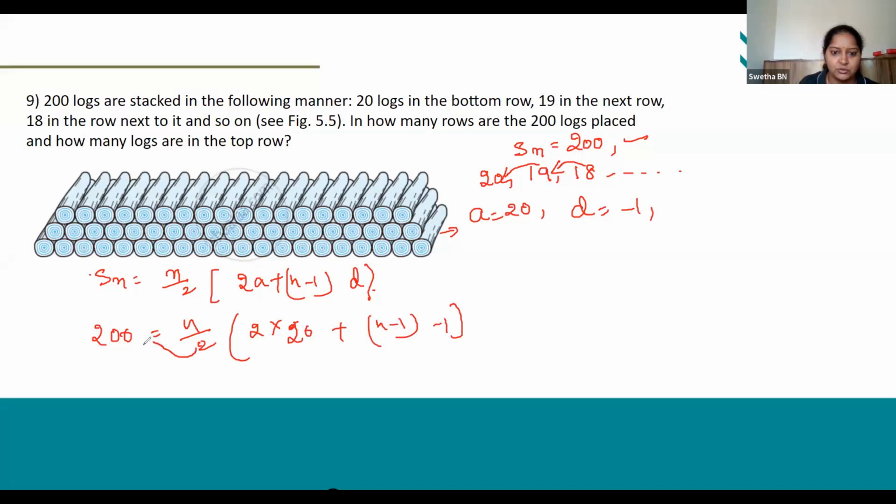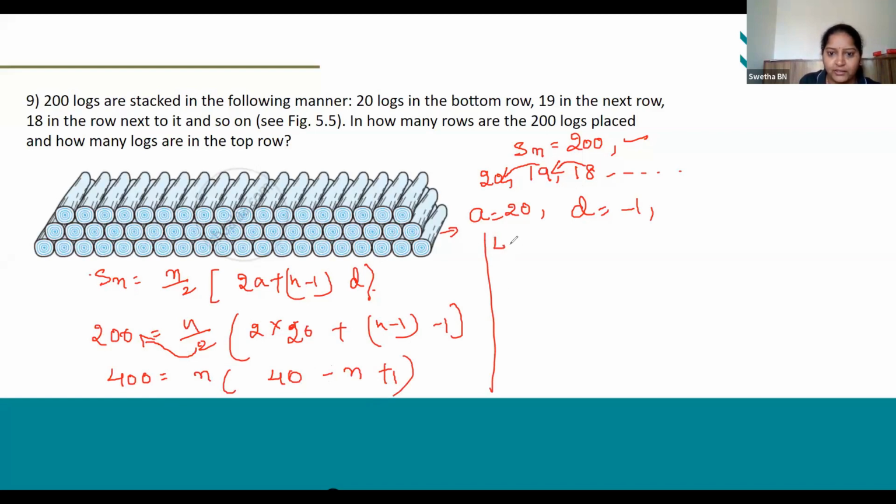Now I'll take this to the numerator. 200 into 2 becomes 400. Because you cannot take any common factor here, that's why I take this to the numerator. So 20 into 2 is 40. Minus 1 into n is -n, then plus 1.